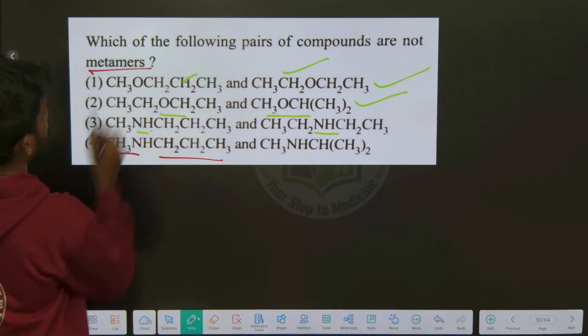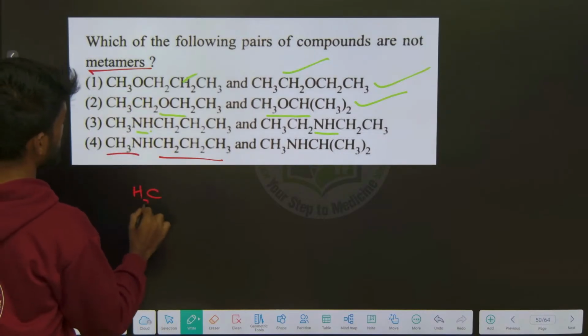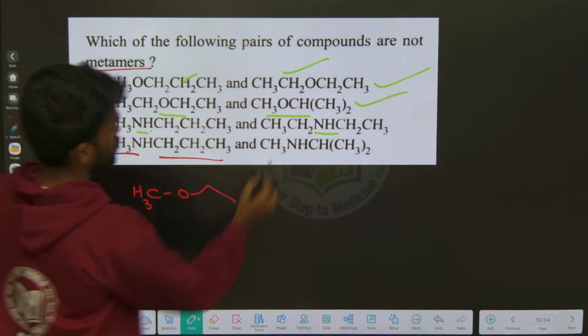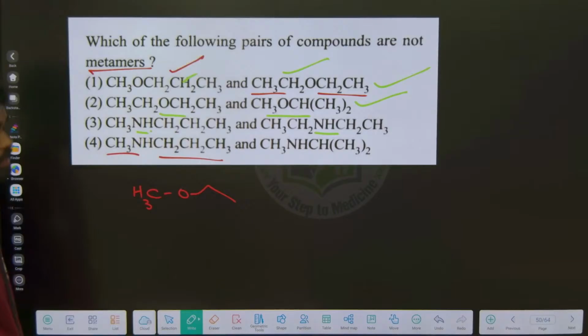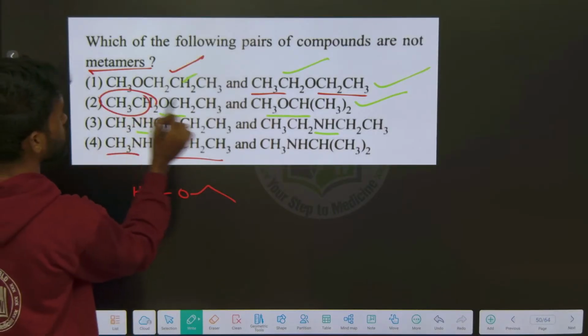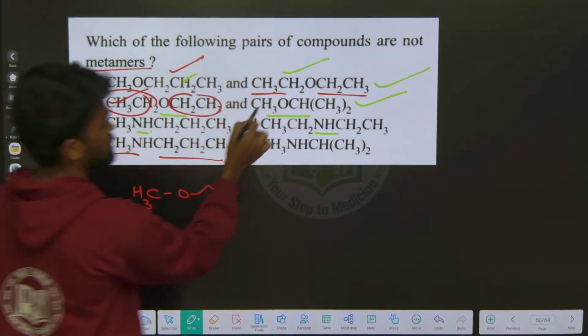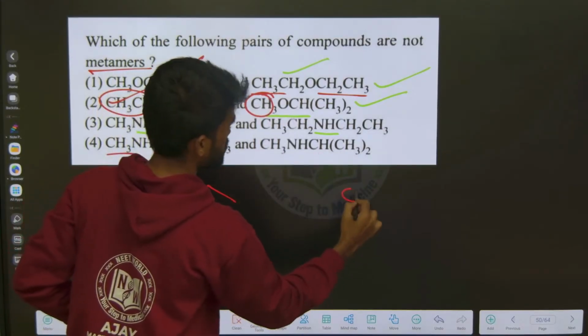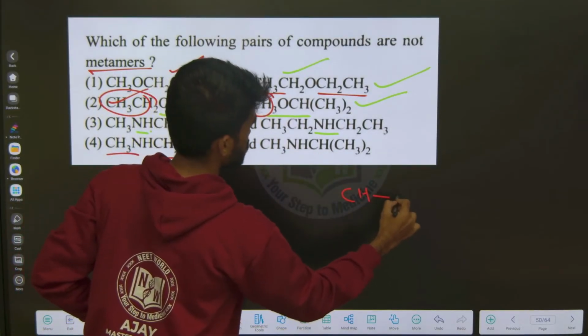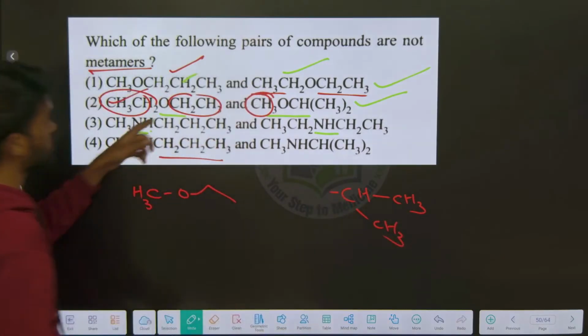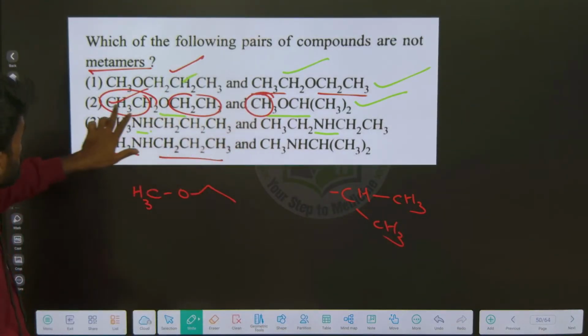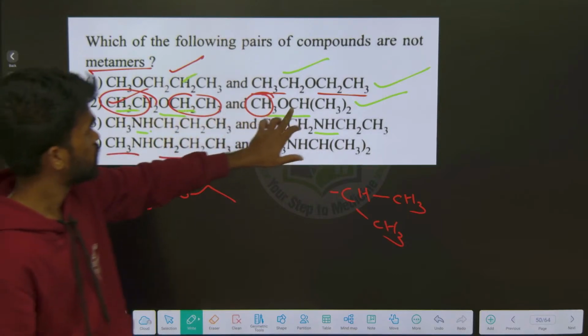Which of the following are not metamers? Let's see. So this is metamers only. Next option we'll see, ethyl group. Next here methyl and this one CH3. So these are also metamers. But how many carbons are there? 2 plus 2, 4.